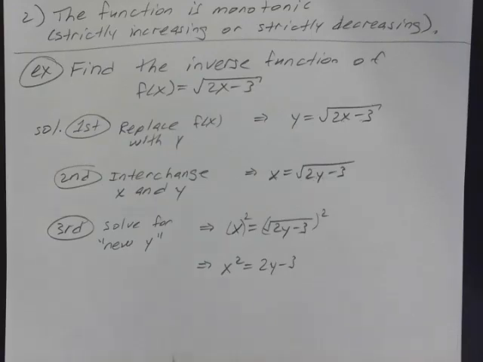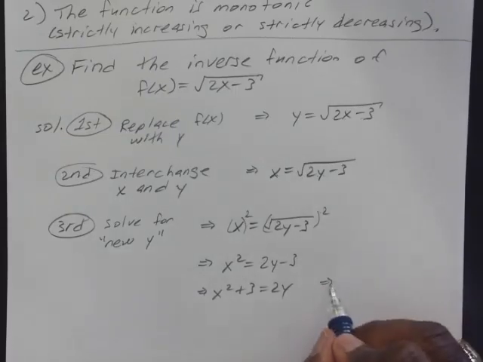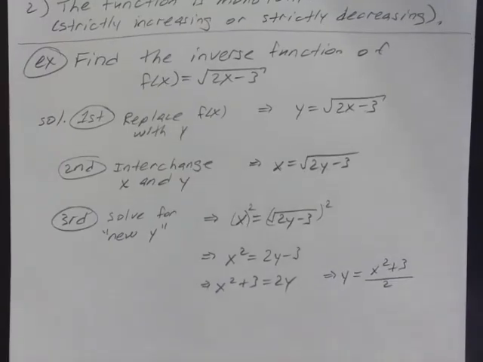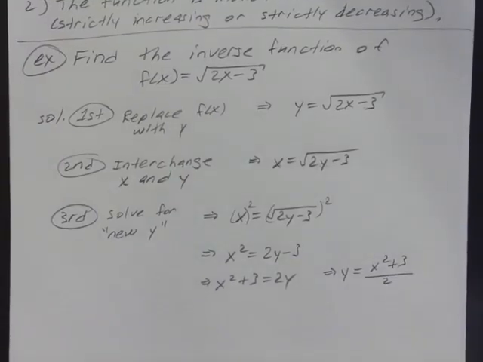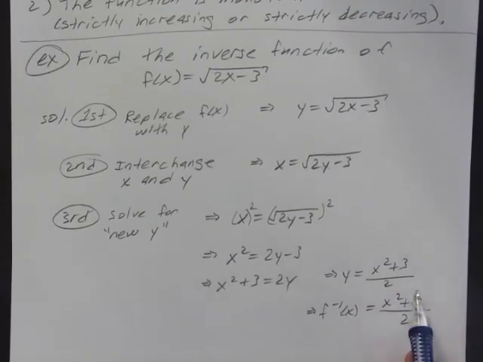So if we add 3 to both sides, that's x squared plus 3 equals 2y. If we divide both sides by 2, we know that y is equal to x squared plus 3 divided by 2. And that new y is your f inverse. Goes x squared plus 3 divided by 2.